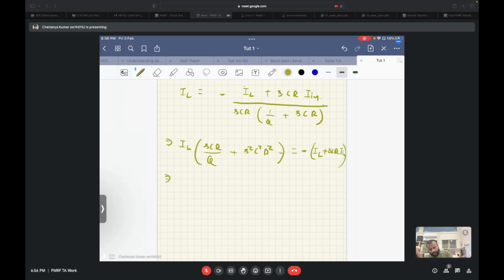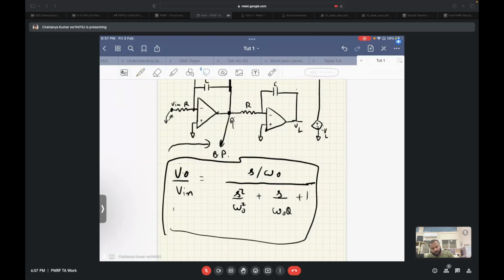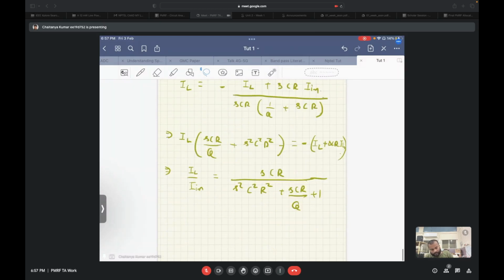So what we have then is IL by IN is equal to SCR divided by S square C squared R squared plus SC squared by Q plus 1. So if we bring the equation that we wrote of the forward transfer function from here, we'll copy this side by side.